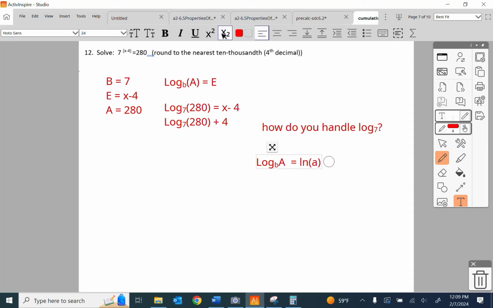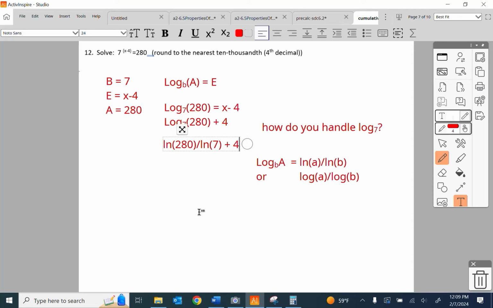It's the natural log of A over the natural log of B. Or a lot of kids like log A over log B. They work. They're great. They do the job. So I actually have to rewrite this. This would become ln of 280 sitting over the ln of 7. You can do logs if you want.